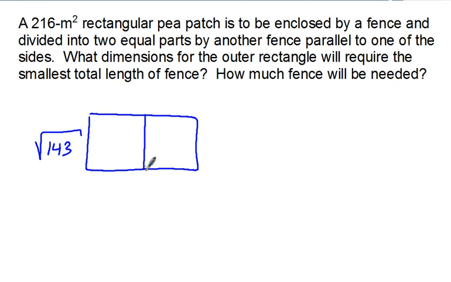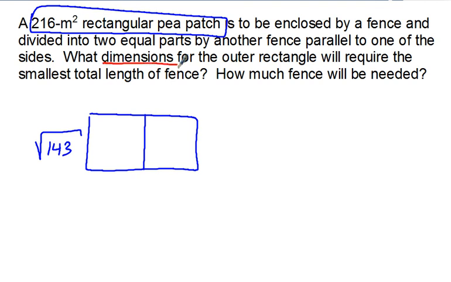And so that's the height of the optimal rectangle that will allow us to enclose our p-patch and divide it down the center and so forth in such a way that uses the least amount of fence so that we can save money at the hardware store.